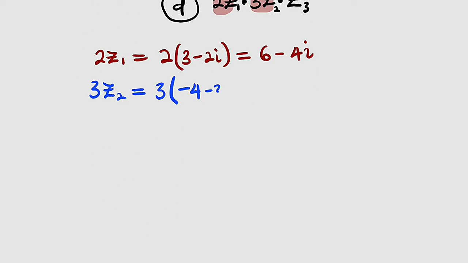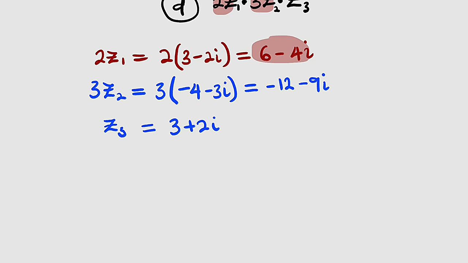So 3 times -4 - 3i is equal to -12 - 9i. And z3 will remain the same. z3 is just equal to its conjugate, so it is going to be 3 plus 2i. So now what we are going to multiply is this, and this all together.